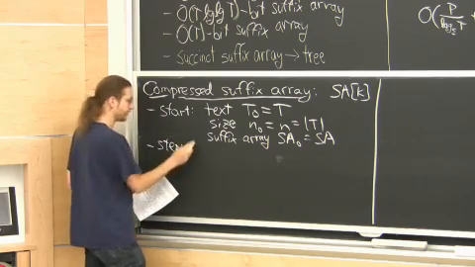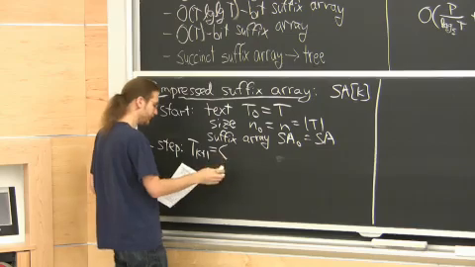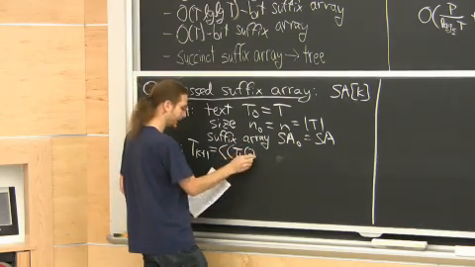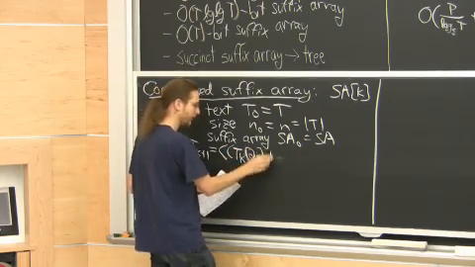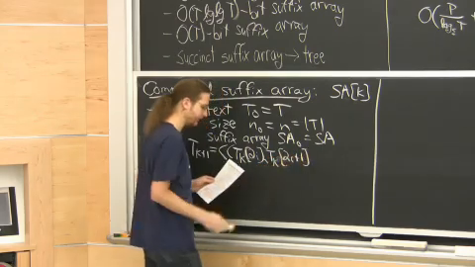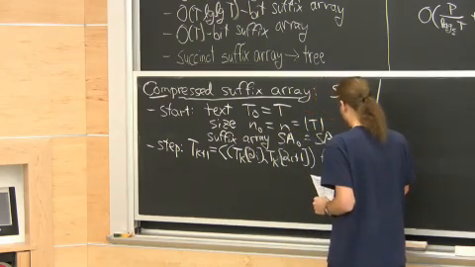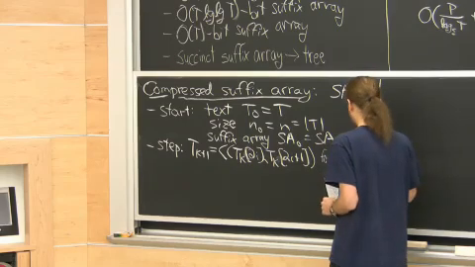Now, the recursion is t_{k+1}. It's going to be the next level, which is we combine 2 letters, t_k[2i], t_k[2i+1], combine 2 adjacent letters into 1 letter, and we do that for i equals 0, 1, up to n over 2.